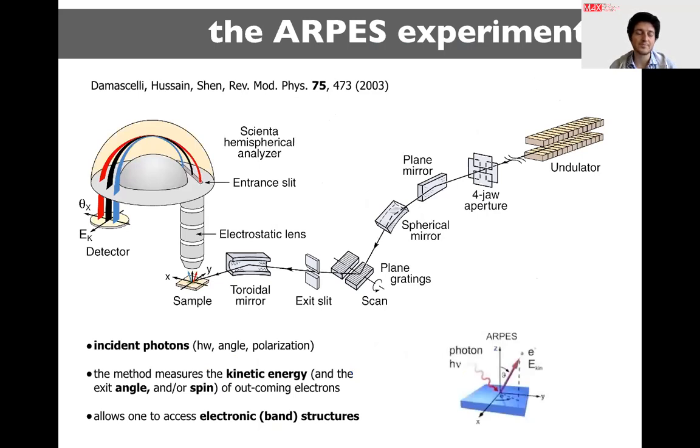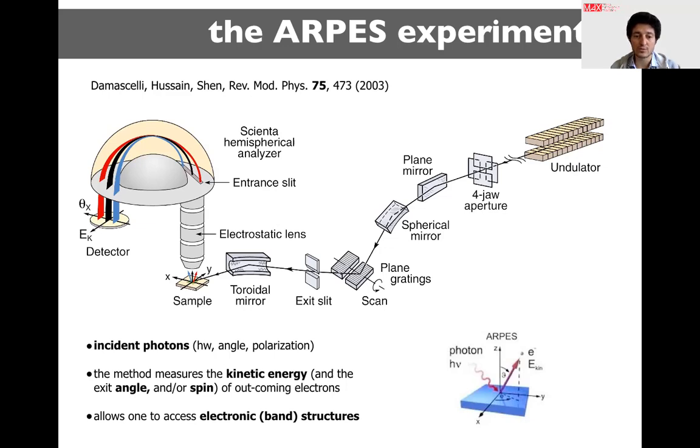Here is a sketch of the photoemission experiment setup. What is important to note here is that there are a number of parameters that can be controlled in this experiment, and notably one is the frequency of the incident photon, but also the angle at which the electrons are ejected from the system, and or the spin.